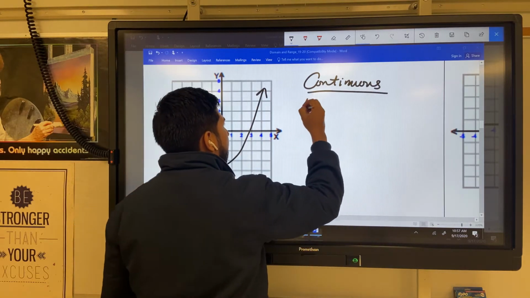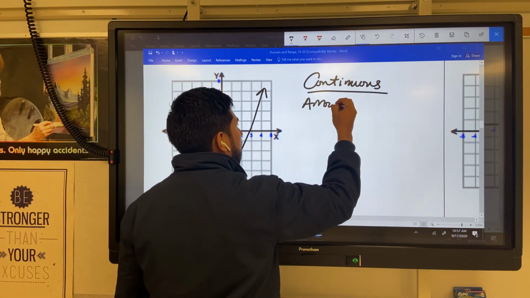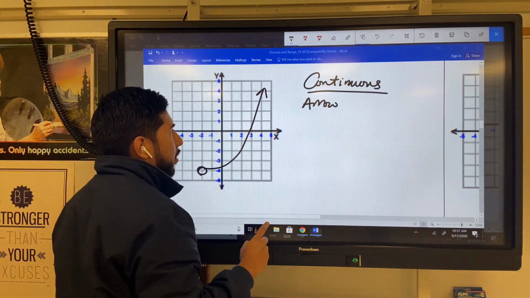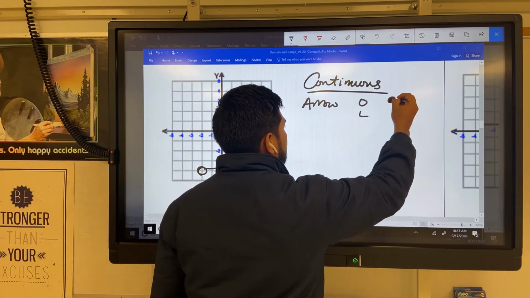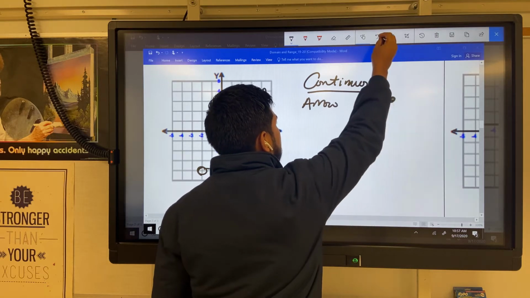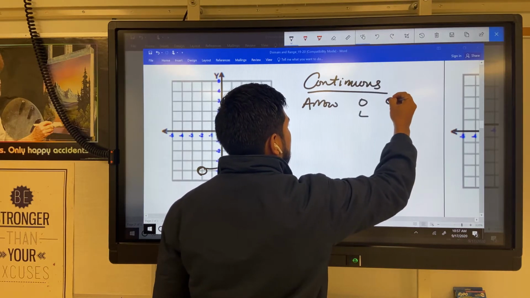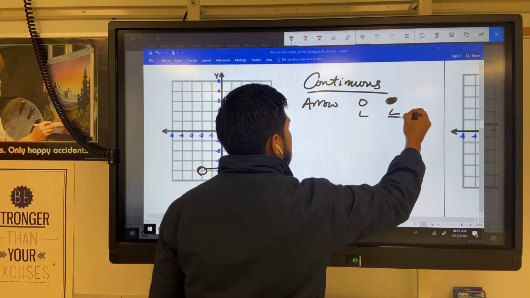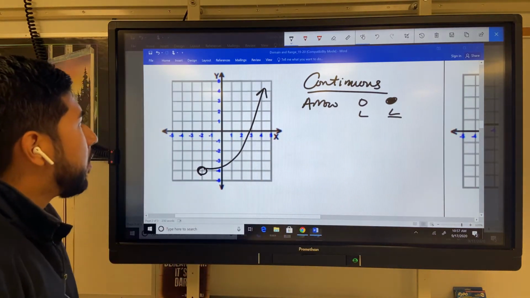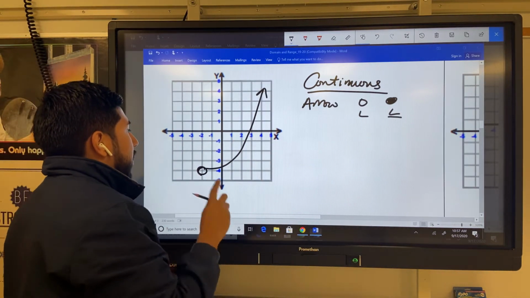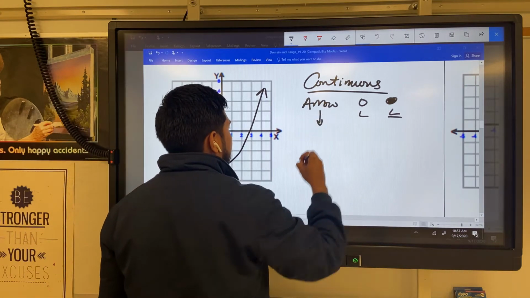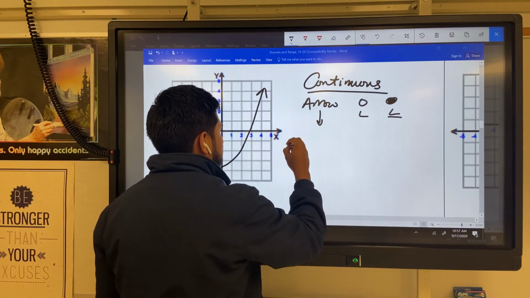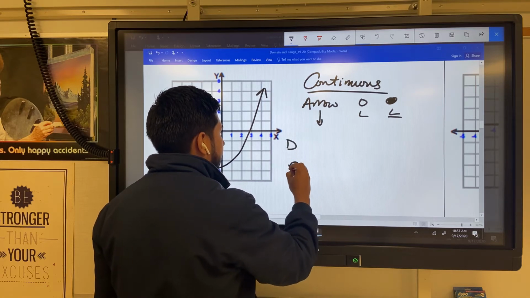But remember, for an arrow, I only need one symbol, okay? So open circle, less than, closed circle, oops, closed circle, less than or equal to, okay? So for an arrow, I just need one thing, okay?